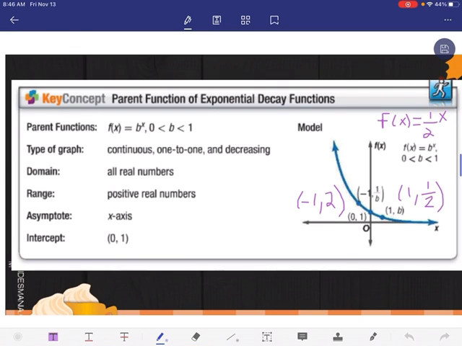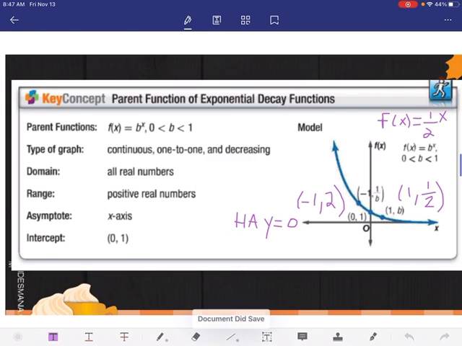So the more negative that we go, it's going to keep flipping it and give us a bigger number, which is why you see it shooting off to the left this time at our negative numbers instead of on the right. Notice that we still have a horizontal asymptote at y equals 0. That does not change, but it is decreasing this time.